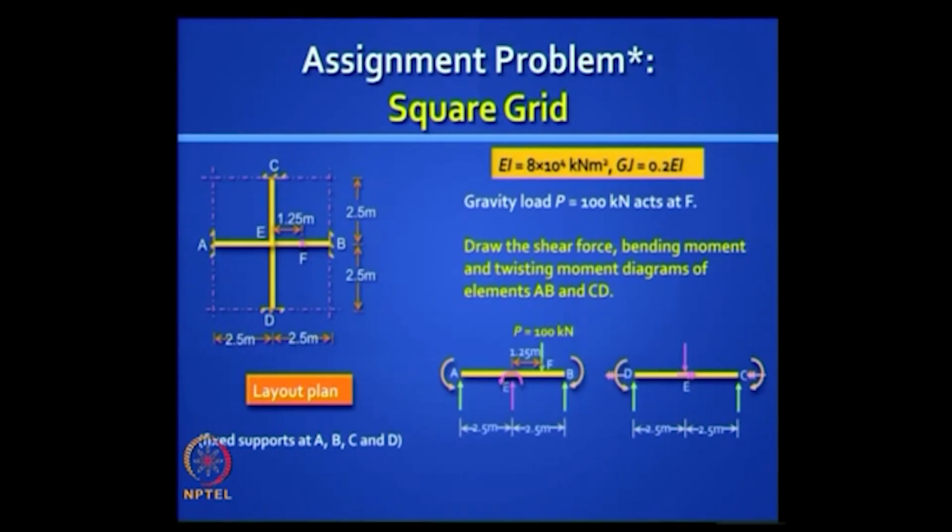Do you have beam elements or grid elements? Beam elements, right, and for CD you have a grid element. So it's similar to the other problem. Please try to predict the shapes of the bending moment and shear force diagram, and then with these notations you can go ahead and solve the problem, right. This is the last problem in your assignment which you should complete soon.